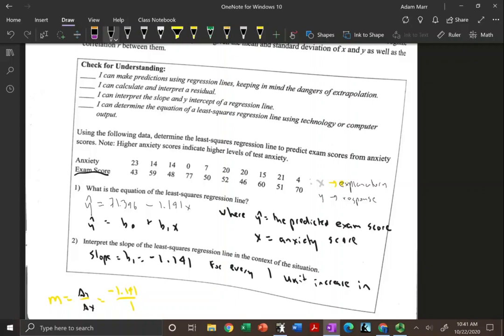So for every 1 unit increase in the student's anxiety score, there is a 1.141 decrease in the student's exam scores.